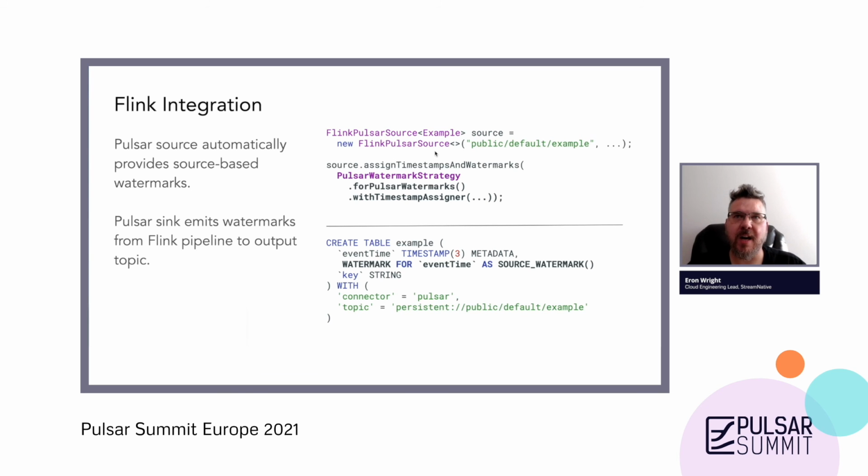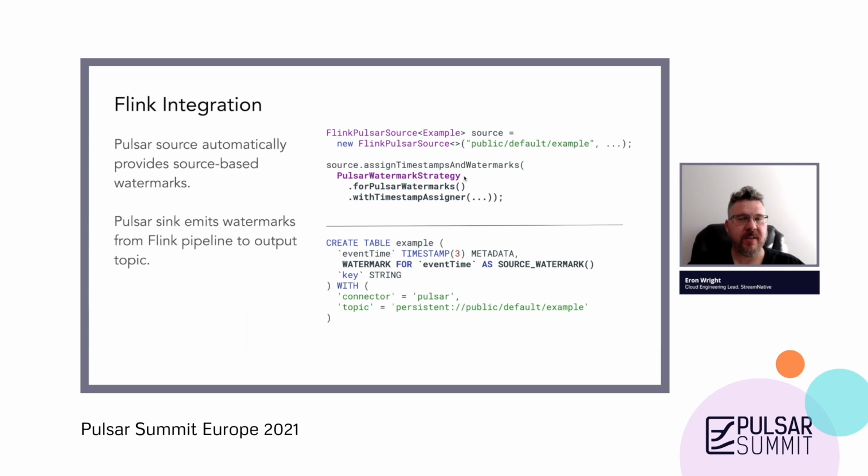Flink has a programming model for generating watermarks. It includes heuristic-based generators like we talked about earlier, and those work by observing events that are produced by a source. It is also possible for the source itself to produce watermarks. In Flink, this is called a source-based watermark strategy.